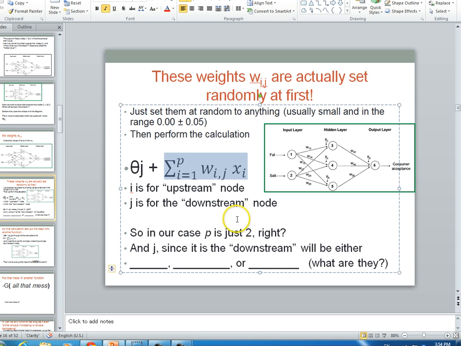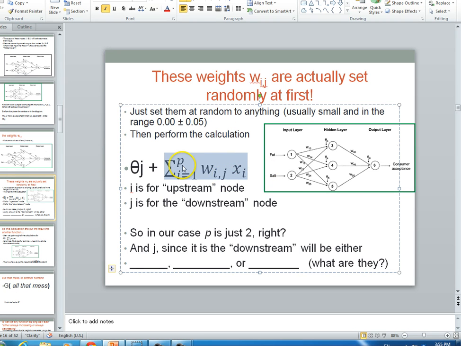So that means what? Once again, just to review. This is calculating what's going into which node? The jth node. So if this was going into this, j would be 3. If we were figuring out what went into here, this j would be 4.